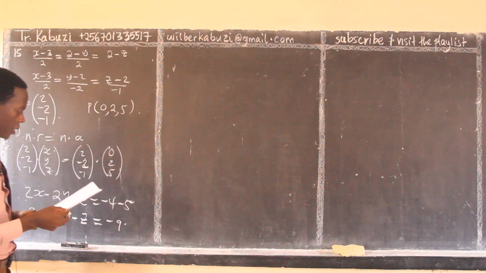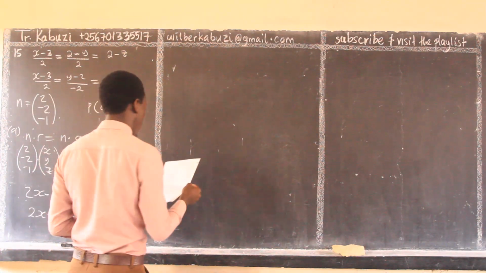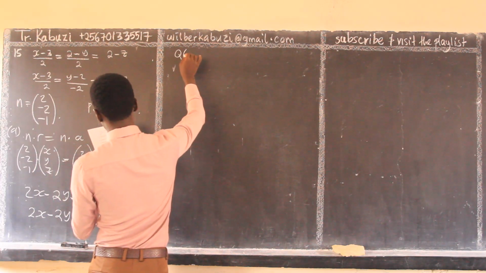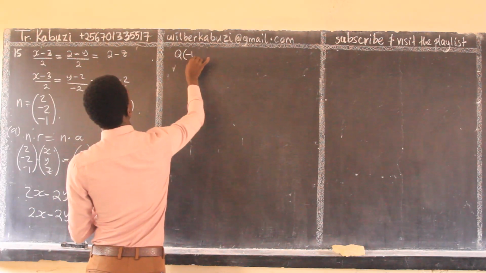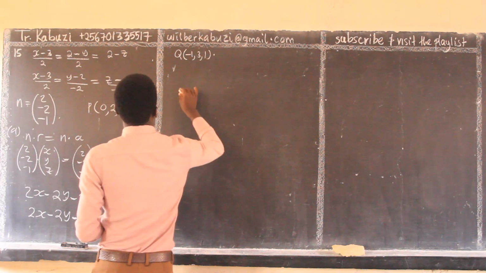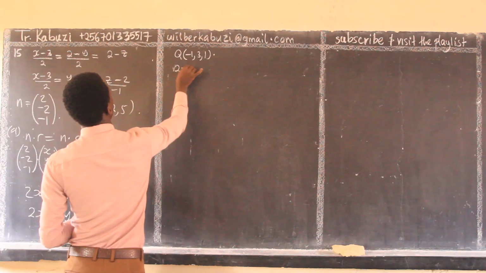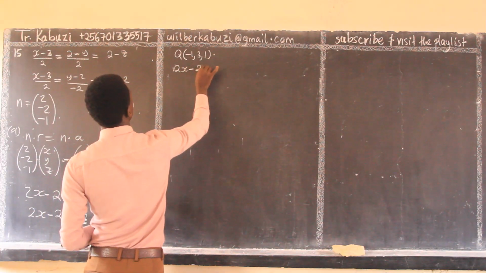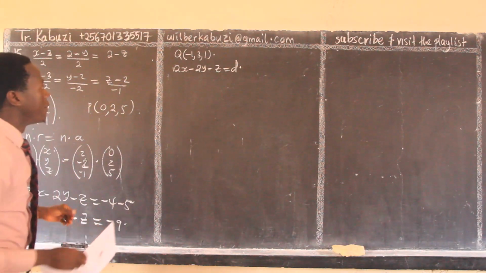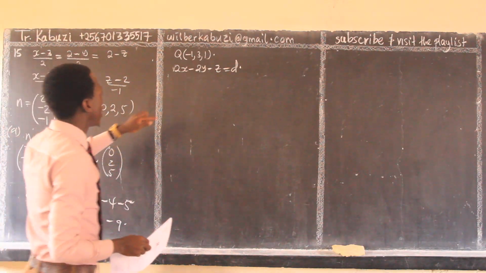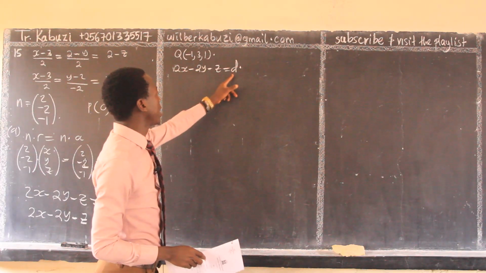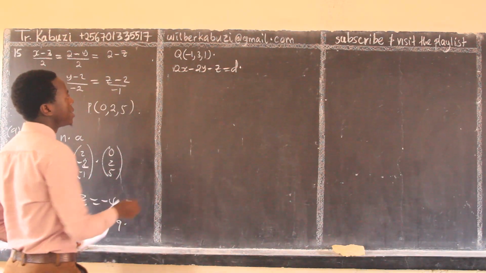Then part B, show that point Q lies on the plane. Our point Q was (negative 1, 3, 1). Know that from our 2x minus 2y minus z, remember all this has to be a d from the derivations. So if they give us x, y, and z, we just substitute so that the d we get is the same as this.